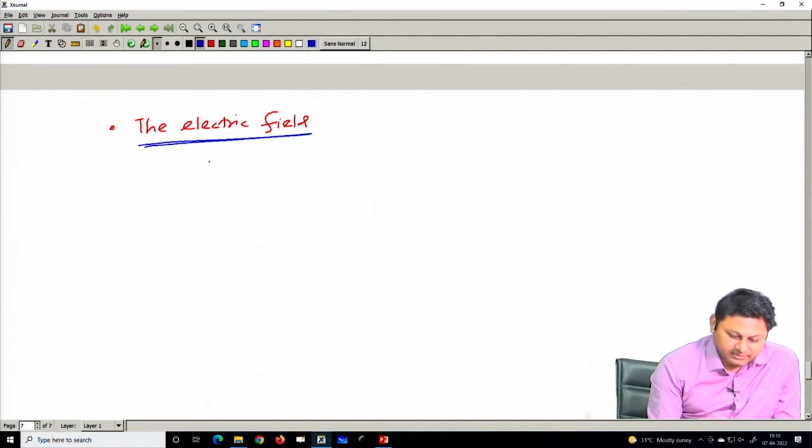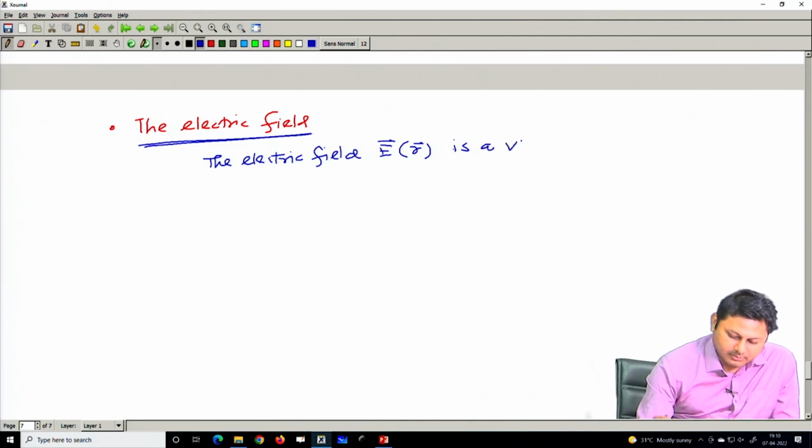So, the electric field E as a function of r is a vector valued function of position.